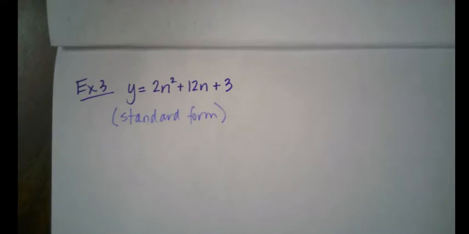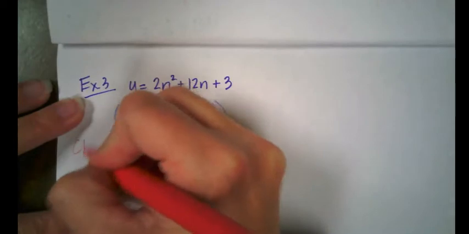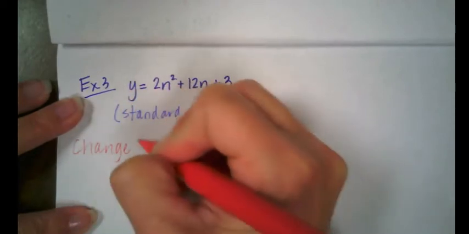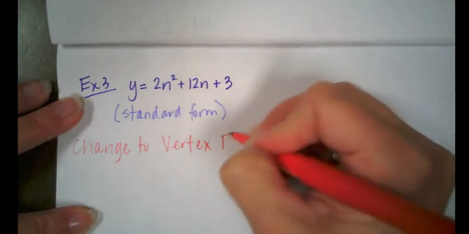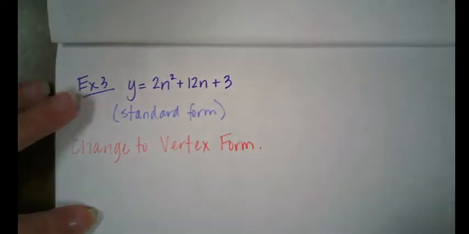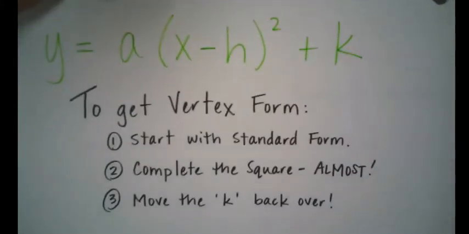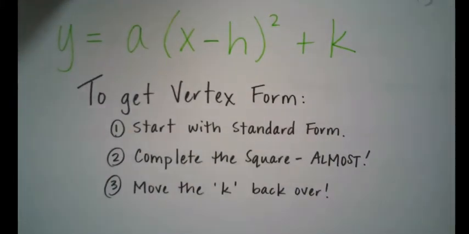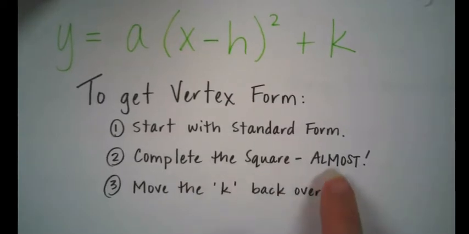So I think we should change to vertex form. In order to change to vertex form, if we use our flip chart here, we start with standard form, which is what we have, and then we're going to complete the square almost.